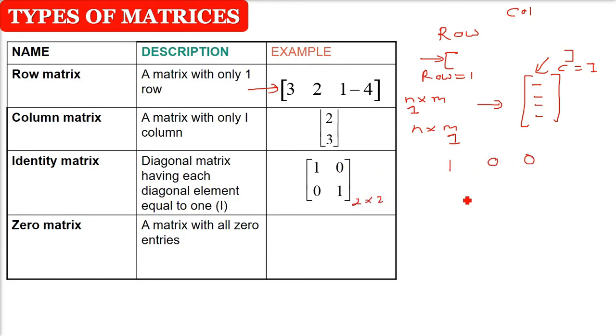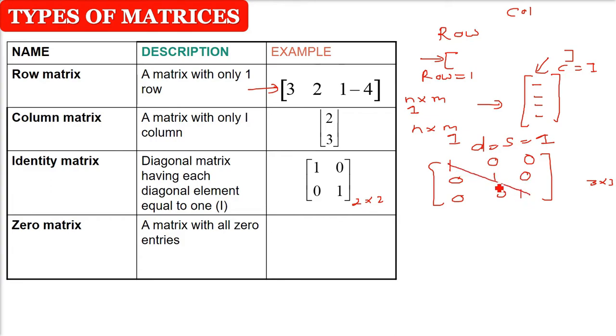The example shown is 2 by 2, I'm making 3 by 3. So 1 0 0, 0 1 0, 0 0 1. You see all the diagonal elements are 1. And when you have all the diagonal elements 1 and other values 0, then we call it the identity matrix. Okay, this is the identity matrix.